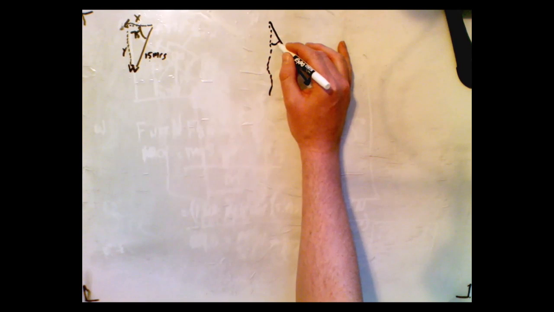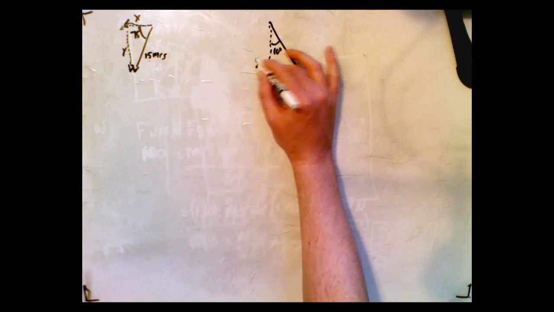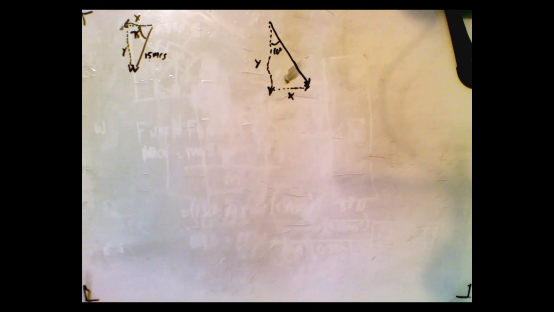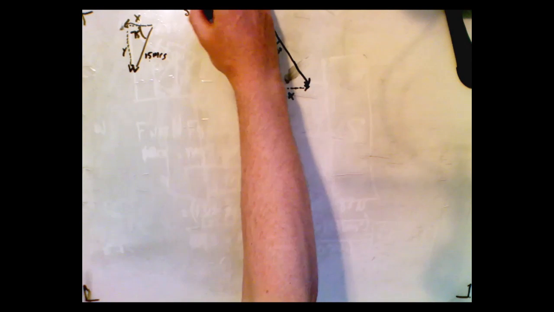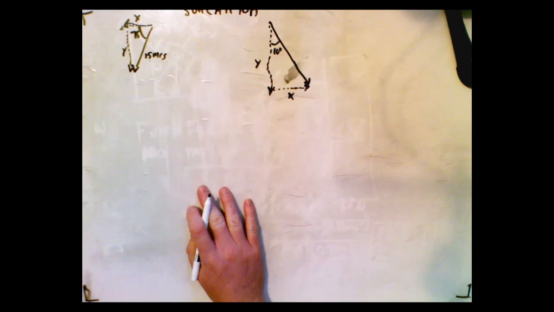So our angle is 10 degrees, and we have this Y component, and we have this X component. Okay, so those are our two triangles, and we have a side and an angle, so we can use SOHCAHTOA, and we can figure out what those unknown sides are.